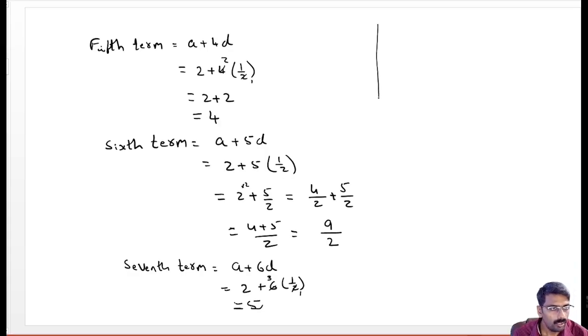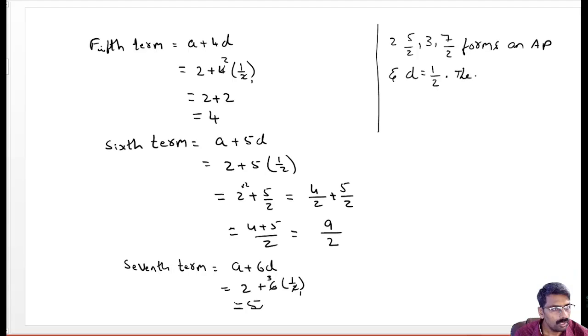Our final answer would be: 2 comma 5 by 2 comma 3 comma 7 by 2 forms an AP, and the common difference D is equal to 1 by 2.